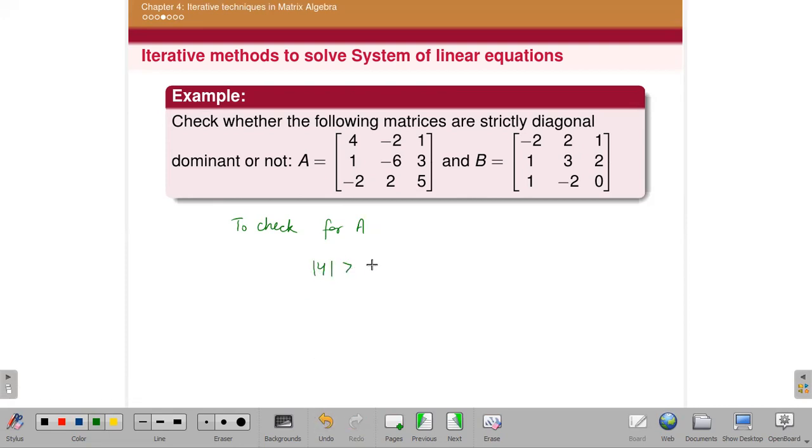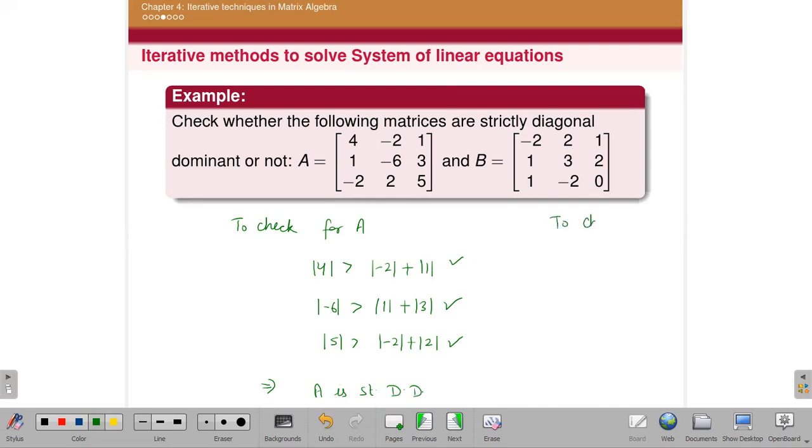It should be greater than, we have to take strict inequality, |-2| plus 1. This is true. -6 is the diagonal element in the second row. Its absolute value should be greater than 1 plus 3. This is also true. And here it will be 5, which is greater than |-2| plus 2. So all the conditions are true for all the diagonal elements. It means A is strictly diagonally dominant.